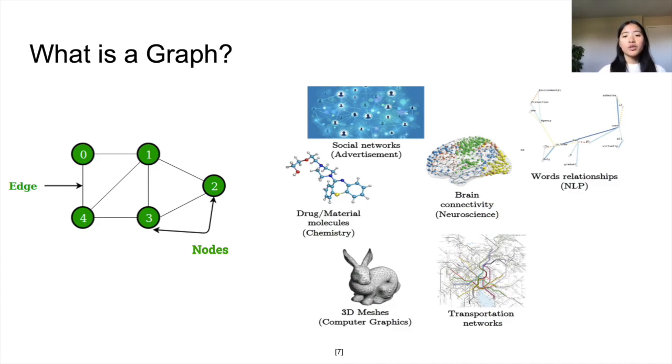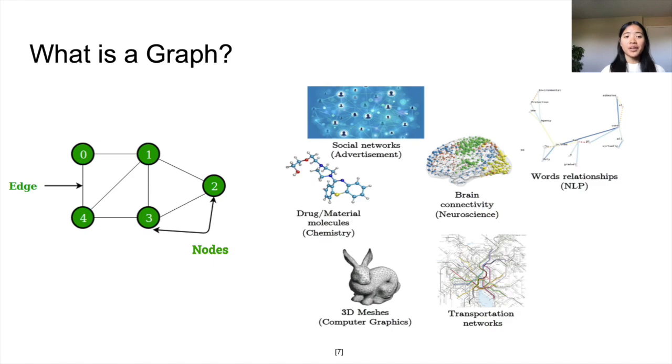So a little bit of terminology about how we refer to graphs. There are these nodes, which are the points or objects themselves, and the connections between these nodes are referred to as edges. Some common applications of graphs in our everyday lives include social networks that are commonly used by business companies, where each node might be a person, and the connections or relationships these people have with each other are the edges.